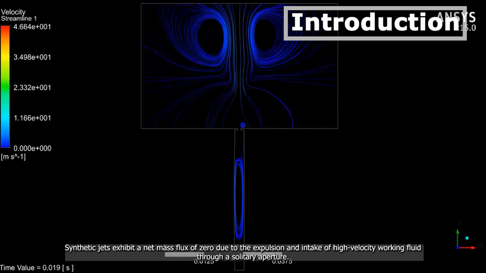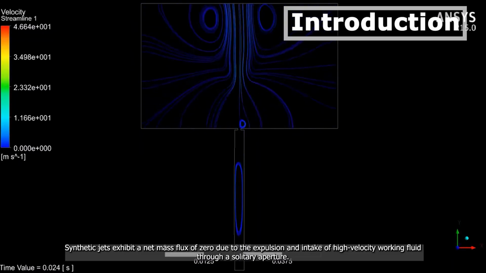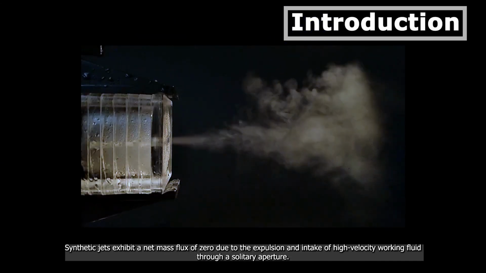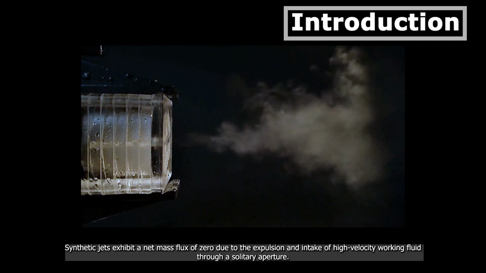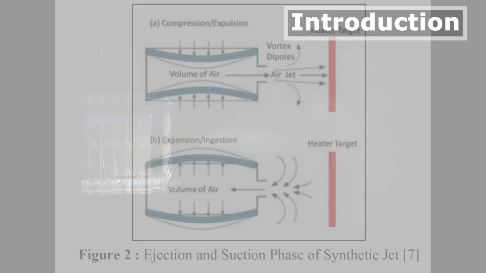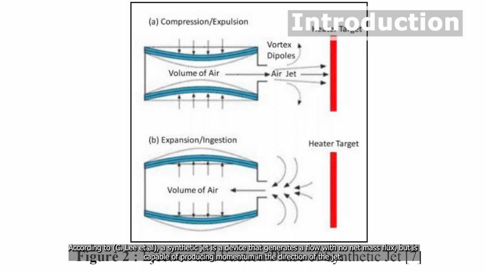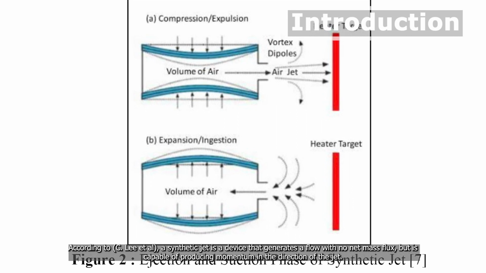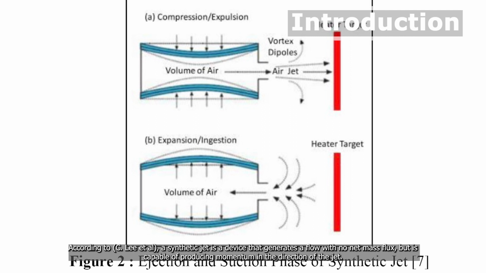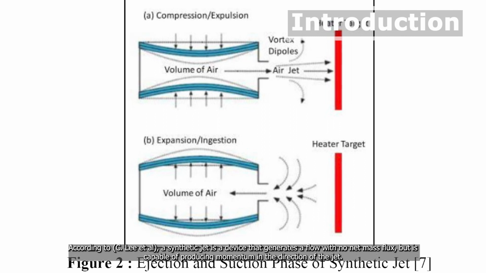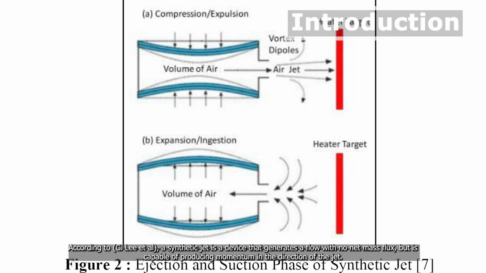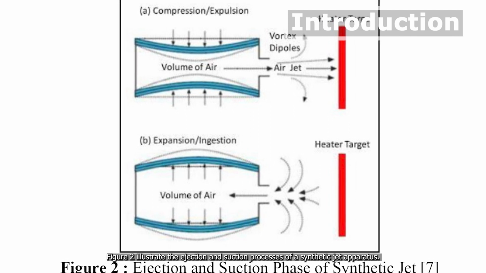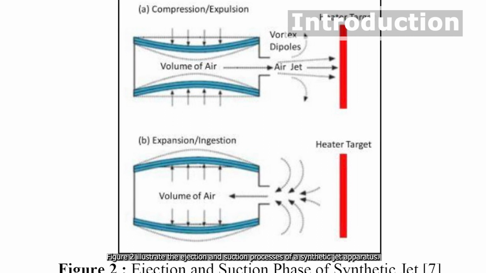Synthetic jets exhibit a net mass flux of zero due to the expulsion and intake of high-velocity working fluid through a solitary aperture. According to Seeley and others, a synthetic jet is a device that generates a flow with no net mass flux, but is capable of producing momentum in the direction of the jet. Figure 2 illustrates the ejection and suction process of a synthetic jet apparatus.